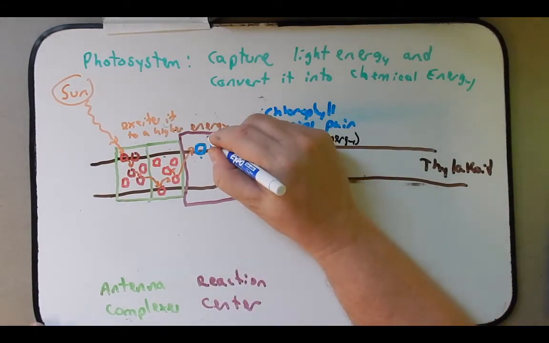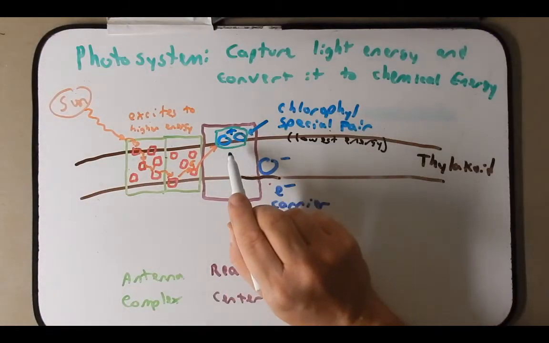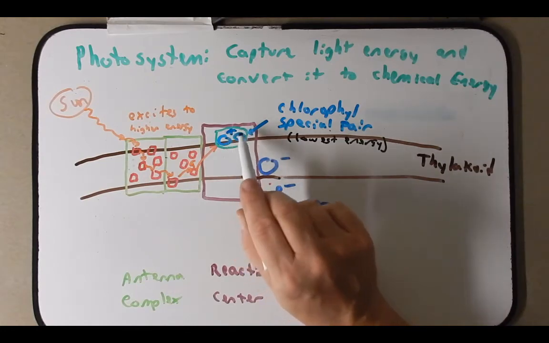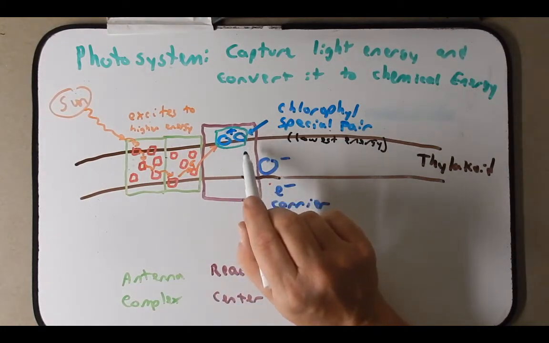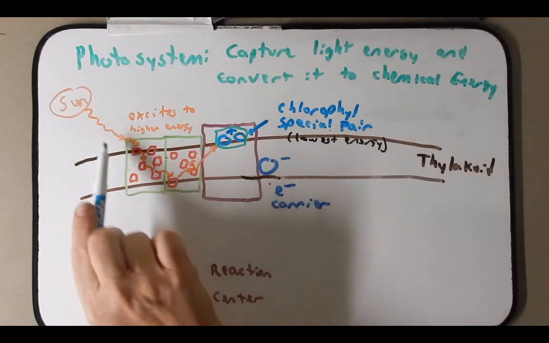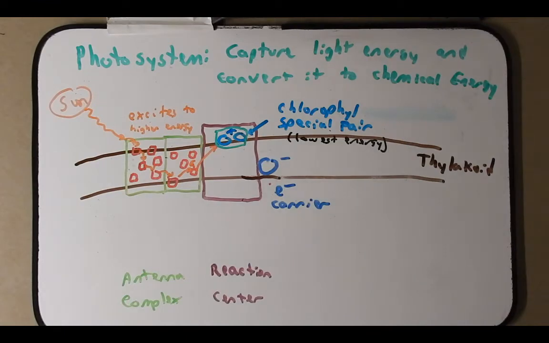And up here, this special pair of chlorophylls will become positive. We'll come back to this in a little bit, because with this being positively charged, we have to regenerate it so that the next time electrons need to move to here, they can. But I'm not going to talk about that for a little bit, so you have to keep watching to figure out what actually happens there. The suspense must be killing you, I'm sure.